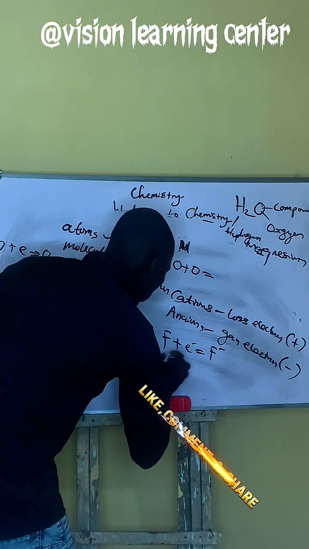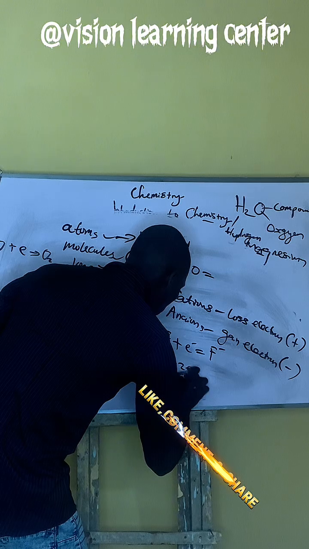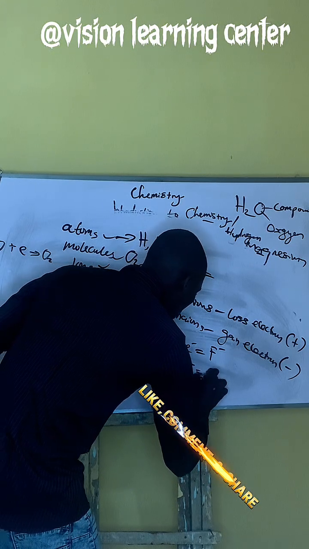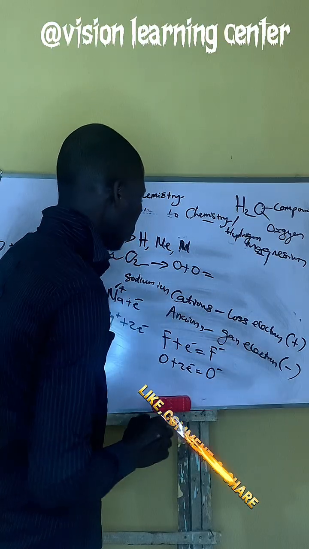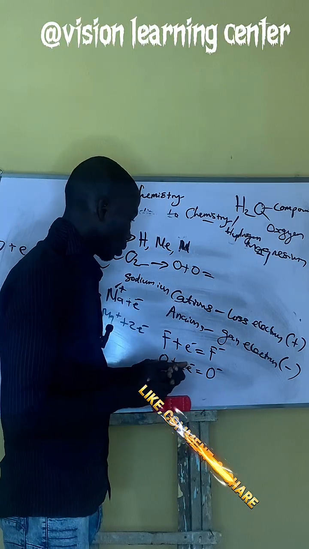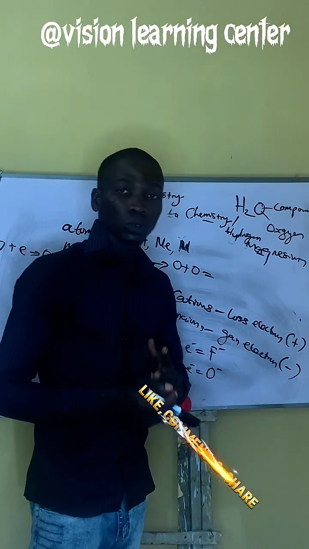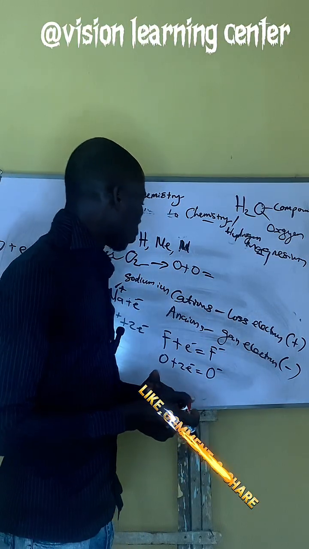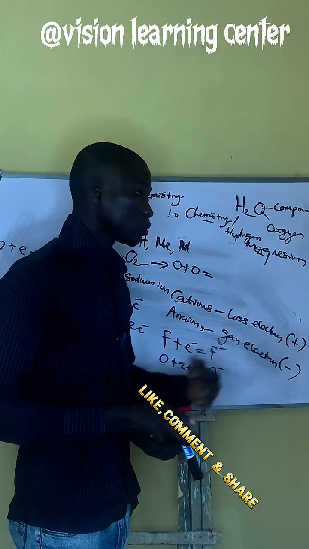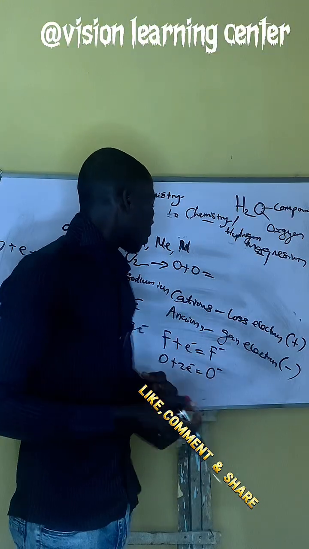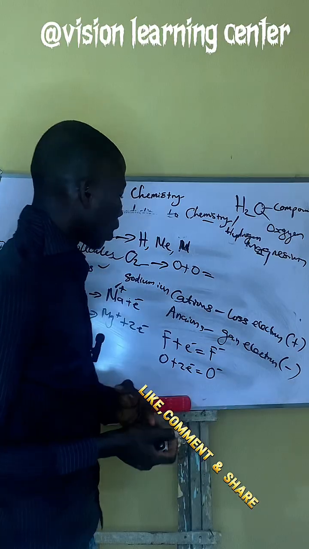Then we have oxide, which gains two electrons to become oxide ion. These are the ions we have: anions and cations. Anions gain electrons to become negatively charged. Cations lose electrons to become positively charged.